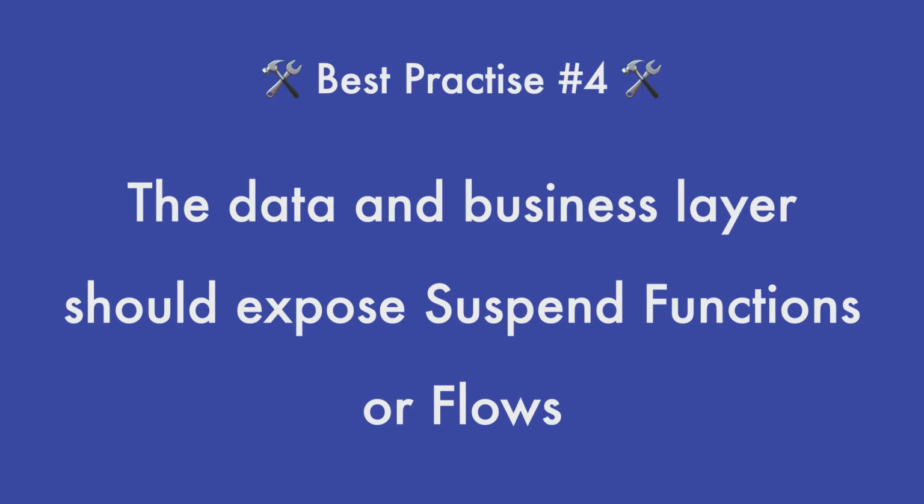The next best practice says that the data and business layer, so basically all of our classes that end with either repository, use case, or interactor, should in general only expose suspend functions for one-shot calls or flows if we want to be notified about data changes.